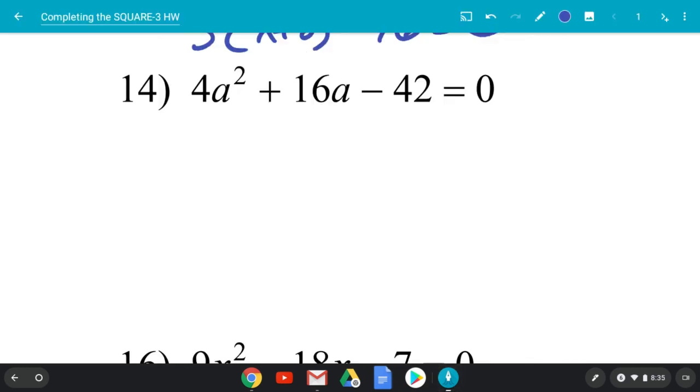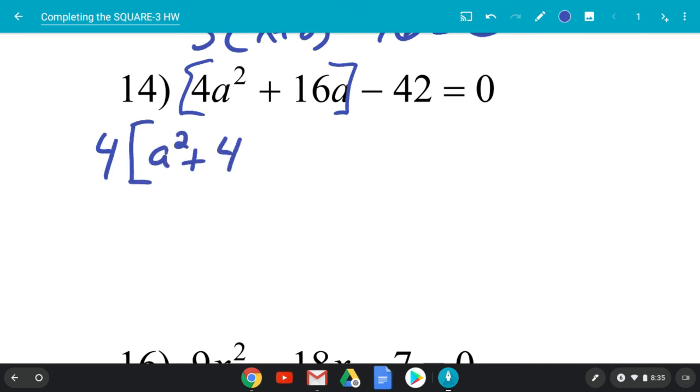All right, let's give it a whirl. Nothing comes out of the whole thing, but I can take a 4 out of the first two. So I end up with a squared plus 4a minus 42 equals 0.